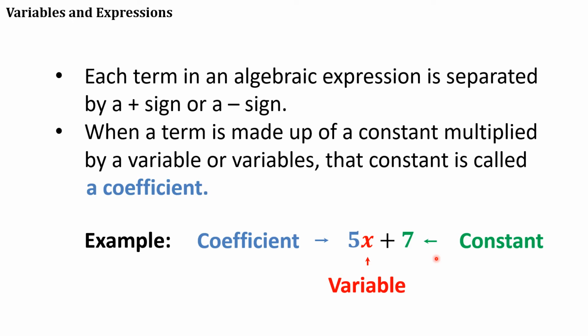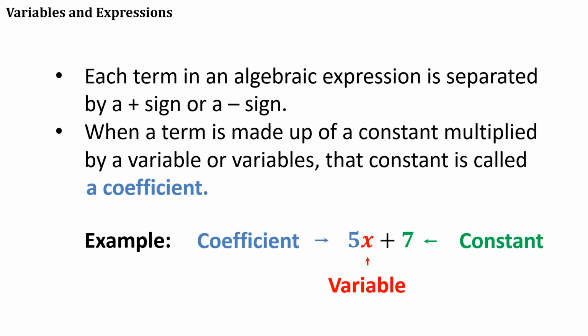A term is separated by an addition or subtraction sign, and you can see I have one term here and another term there. So that expression is made of two terms. It has one coefficient, the number 5, one variable, our x, and one constant, our 7.